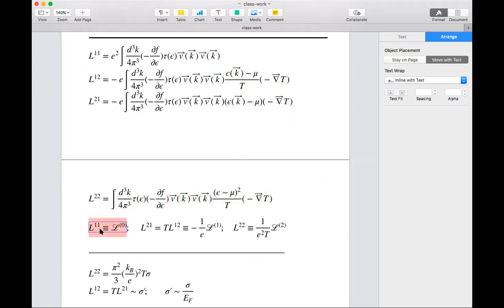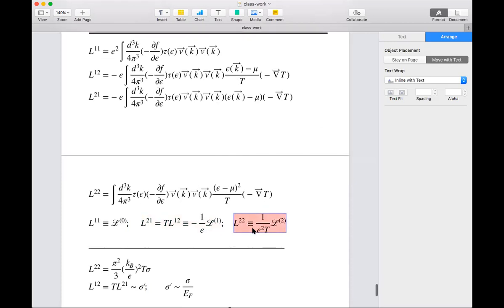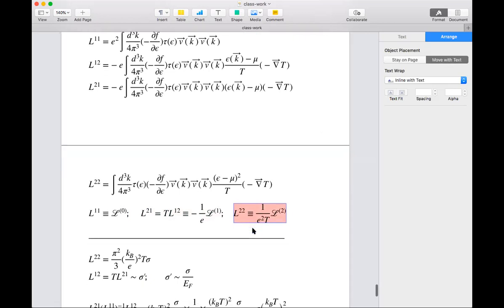So then one introduced these notations, curly L0, curly L1, curly L2, and L21 is the same as T times L12, obviously. That is defined as 1 over E L12, and L22 is defined as 1 over E squared T L22.